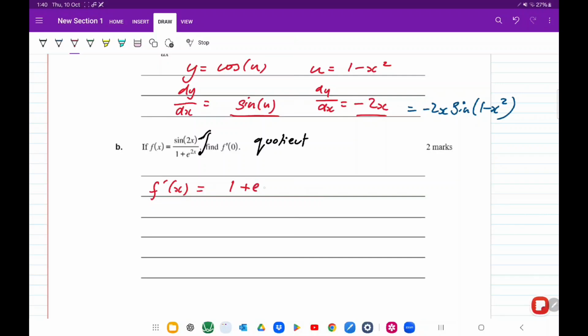So 1 plus e 2x times 2 cos 2x minus 2e 2x times sine 2x, all of that over the denominator squared.